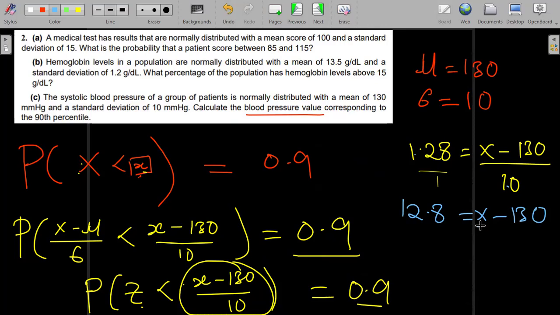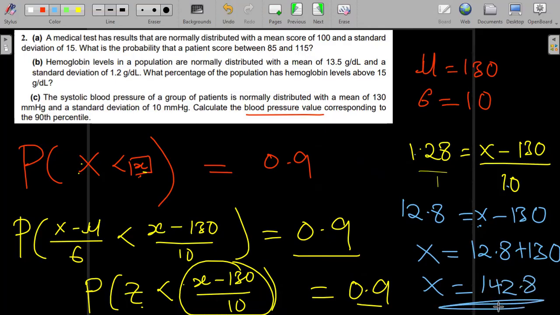I want to find the value of x, so x is equal to 12.8 plus 130. Just punch this into the calculator and we'll see what we are going to get. 12.8 plus 130.